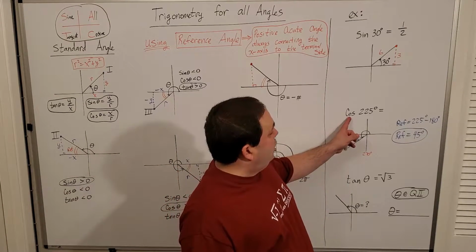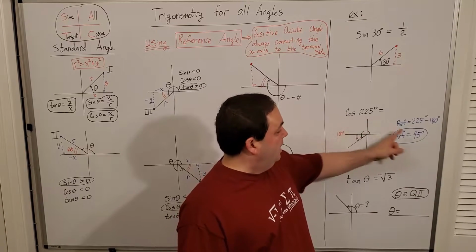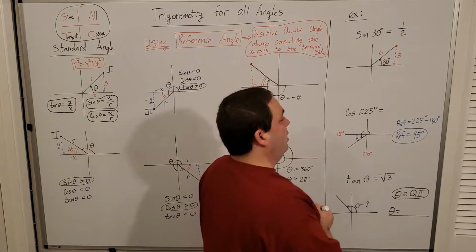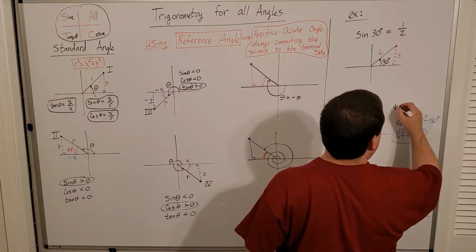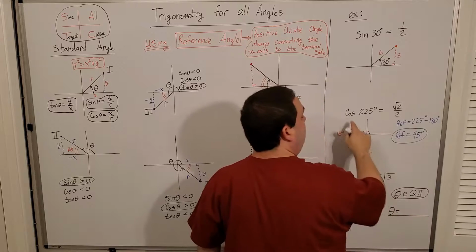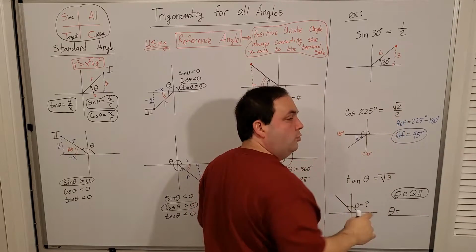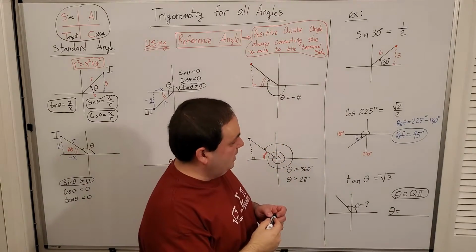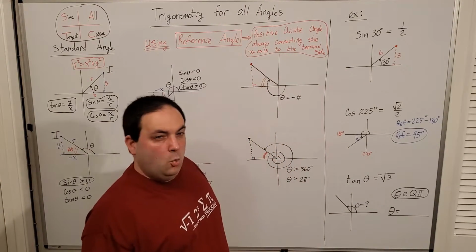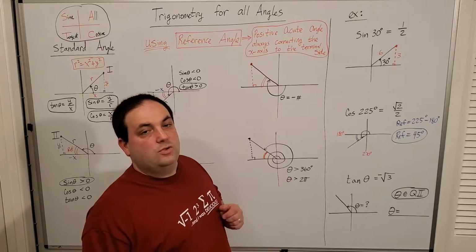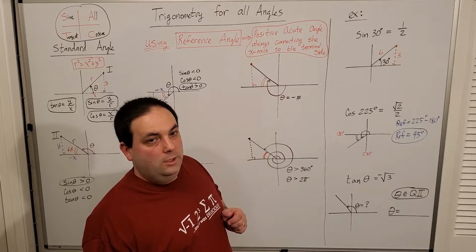That's important to know. If it's 45 degrees, that's one of the memorized angles that we're supposed to know. I can do the cosine ratio of 45 degrees. We know that that's square root of 2 over 2. So the cosine of 225 is also square root of 2 over 2. But wait, we didn't consider one other thing. We're not in quadrant 1, and some things are positive and some things are negative once you leave quadrant 1.